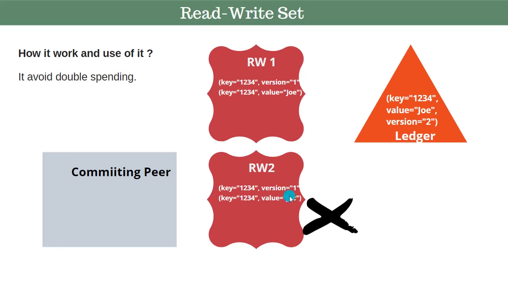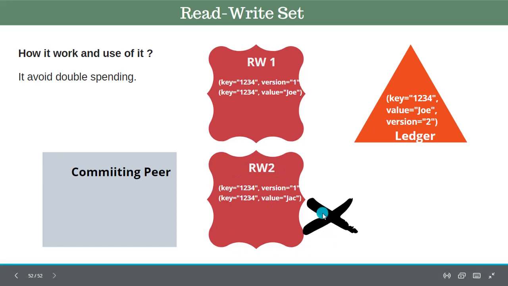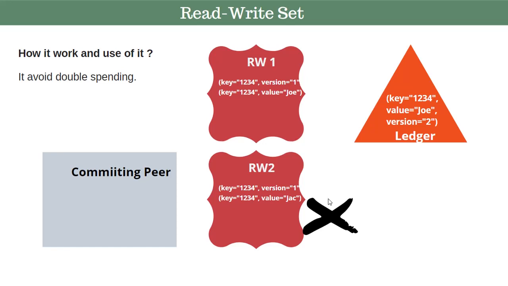The version is not matching. Ideally the version should be 1 in the ledger, like the way we have in the read set, but now the version has been changed by the other write set. So this transaction will get rejected. Your committing peer will reject your second transaction, which is the invalid transaction.